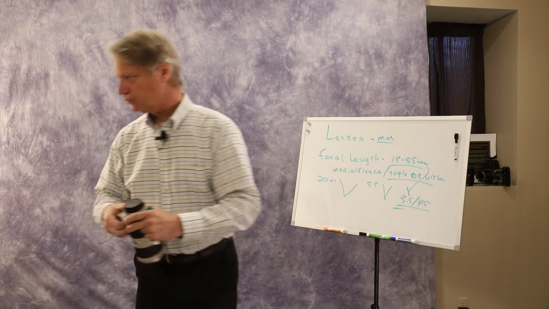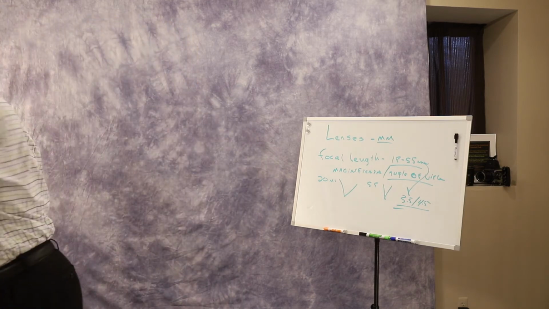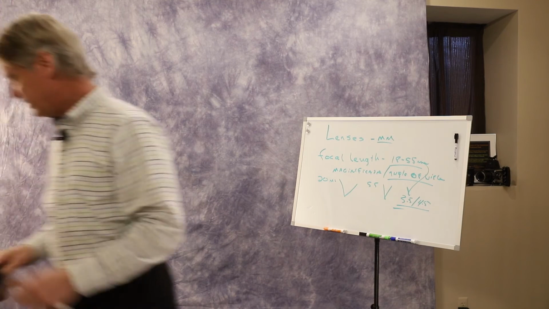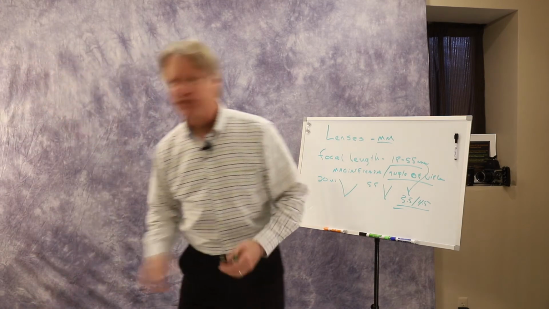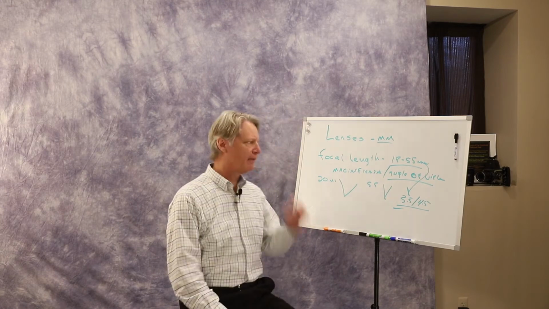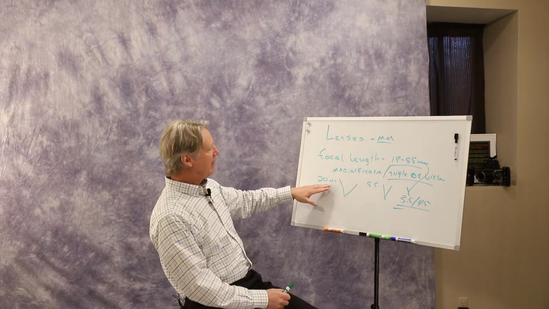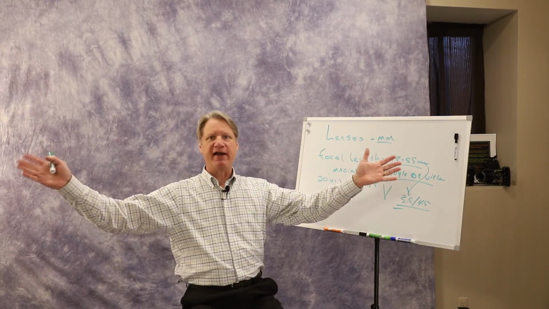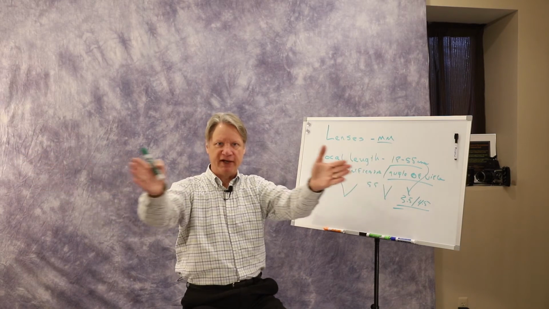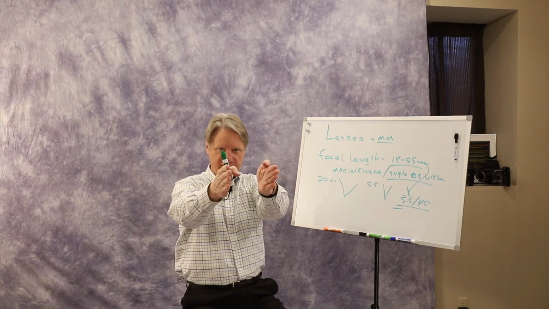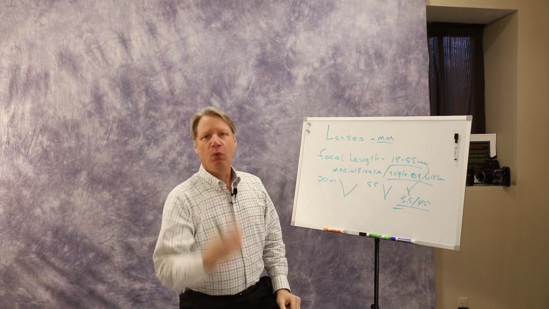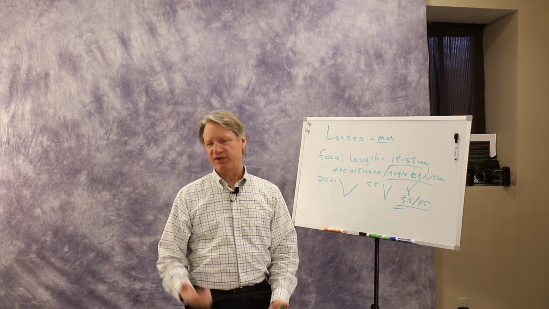Okay. So what do lenses do? Well, lenses give us our angle of view into our subject, okay? So we talk about a wide-angle lens gives us a wide angle of view. A more telephoto lens gives us a narrower angle of view into the subject. Well, what does that do to our subject?